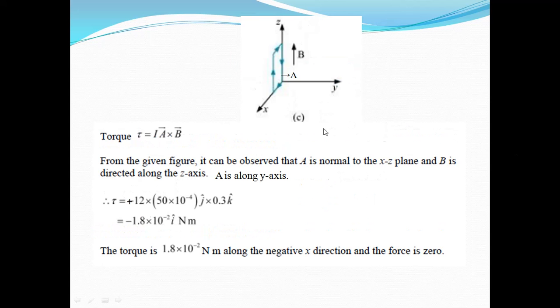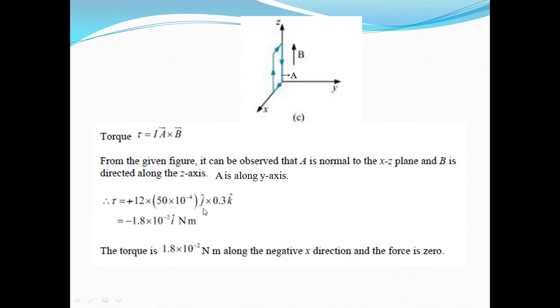Now look at the case C. Here we have the area pointing to the positive y-axis, and B is like before in the z direction. So when you multiply vectorially, torque vector is equal to 12 into, that is I A vector.